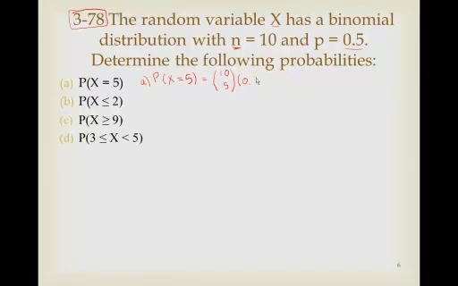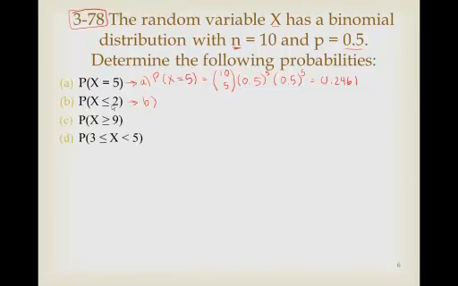So p is 0.5, x is 5. And now we'll take q, which is 0.5, and it's n minus x, so we've got 5 right there, and there we go, 0.2461. So that's A.